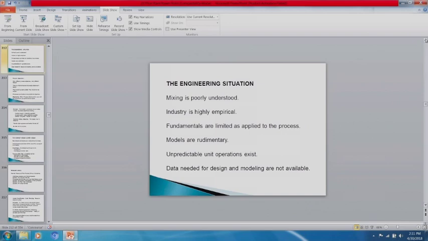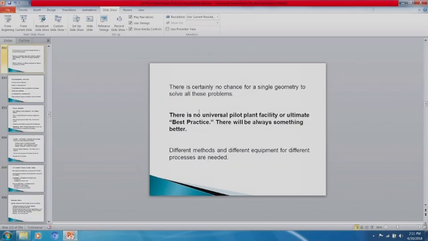Right, let's go back one here. There is no universal pilot plant facility or ultimate best practice. There will always be something better. Okay.